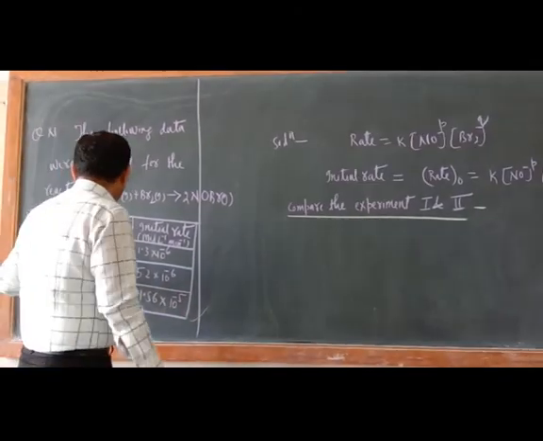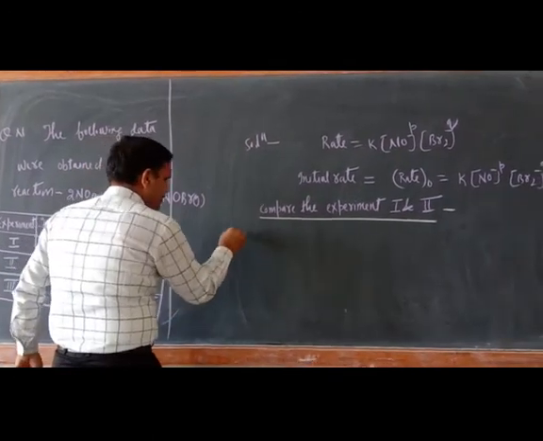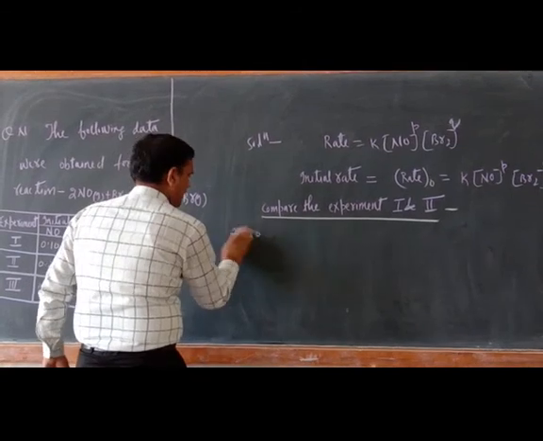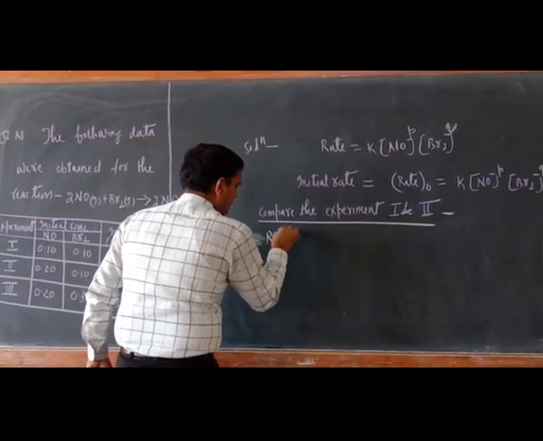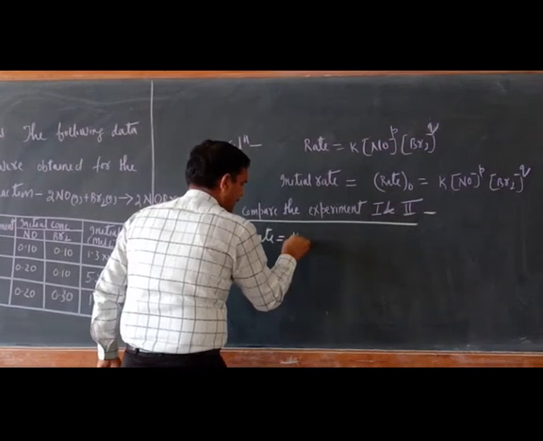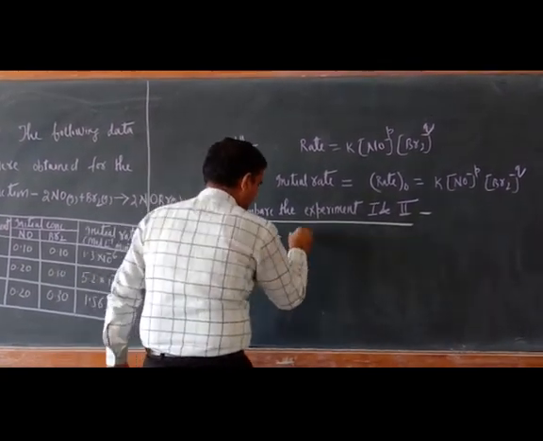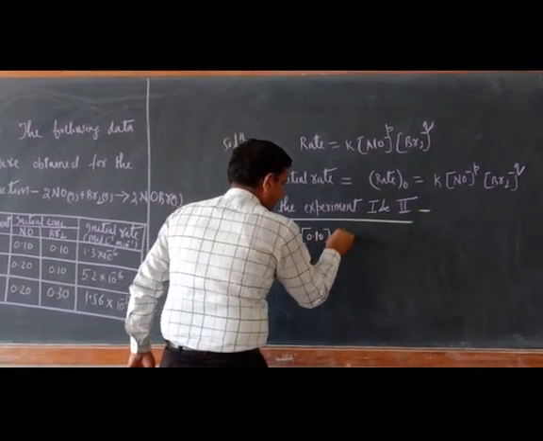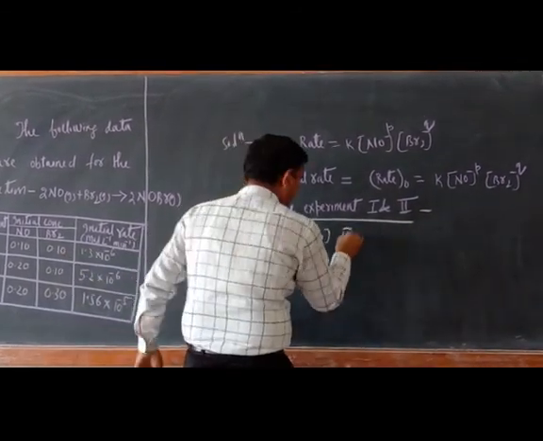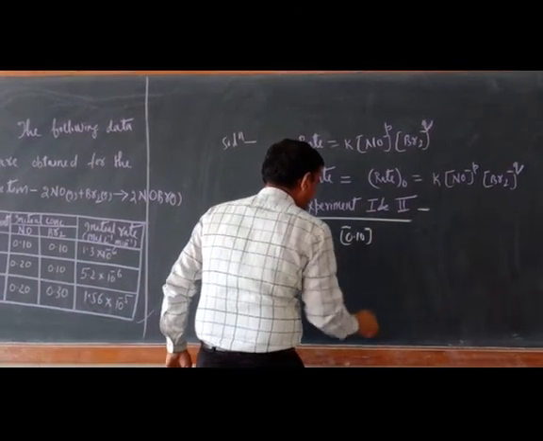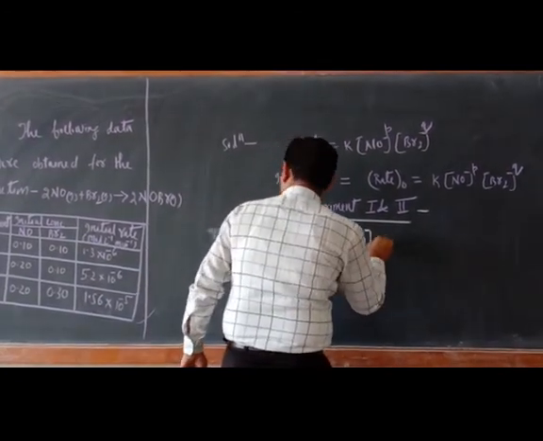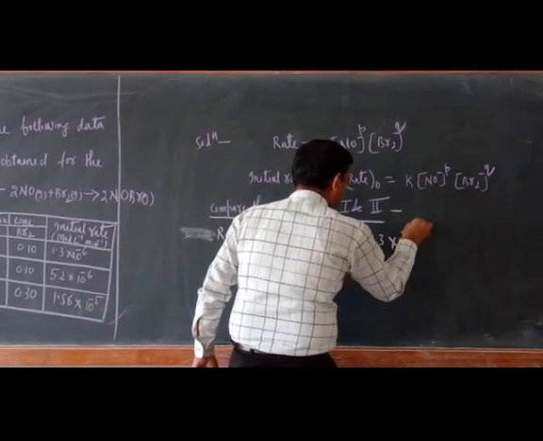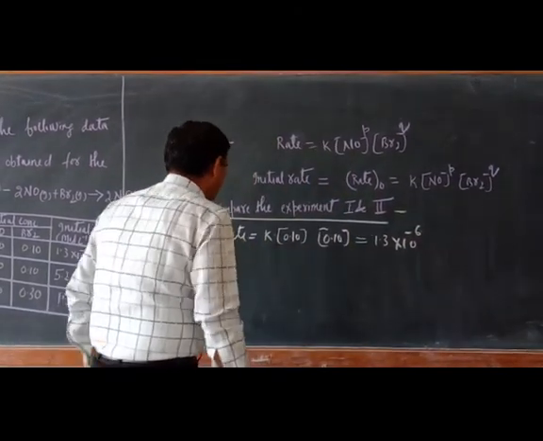In experiment 1, rate equal to K, 0.10, and 0.10 for Br2, equal to 1.3 into 10 raised to the power minus 6.